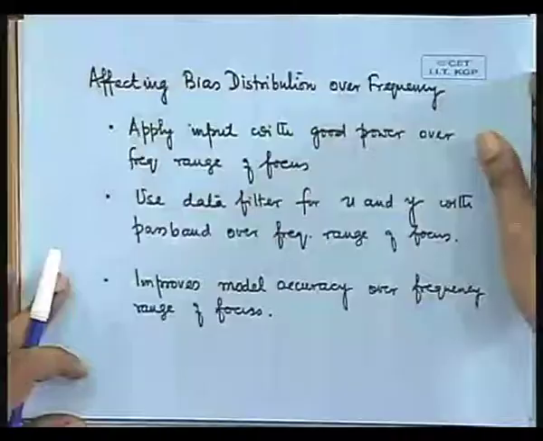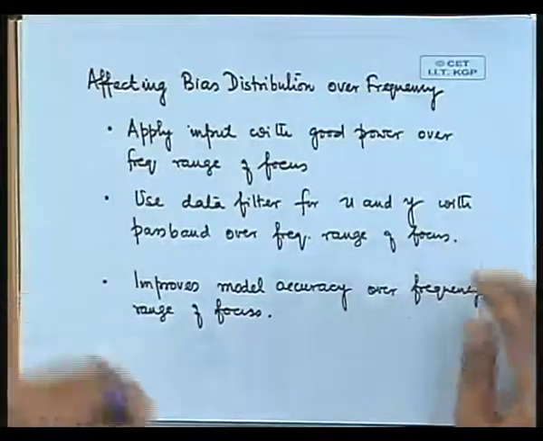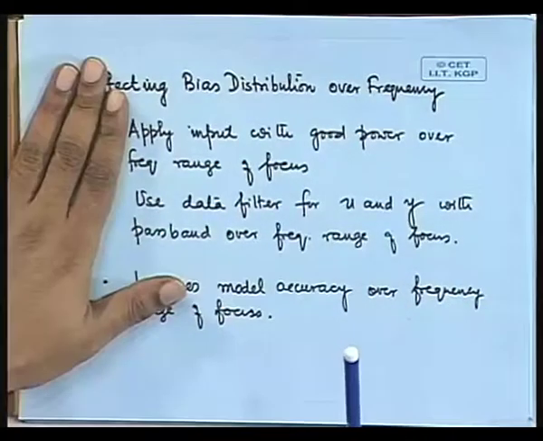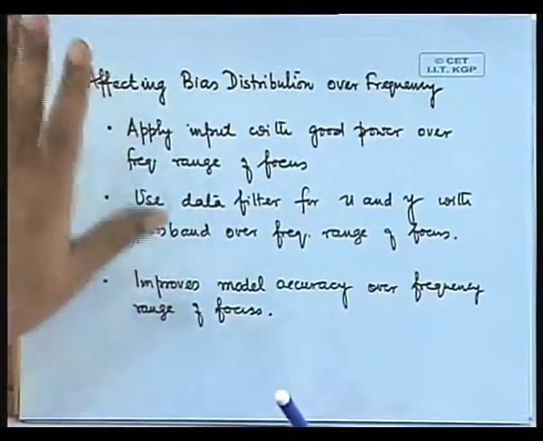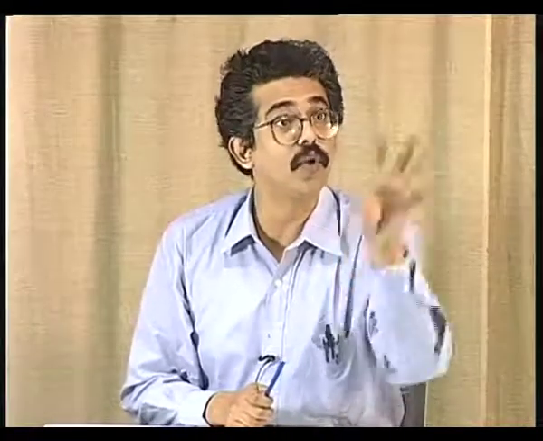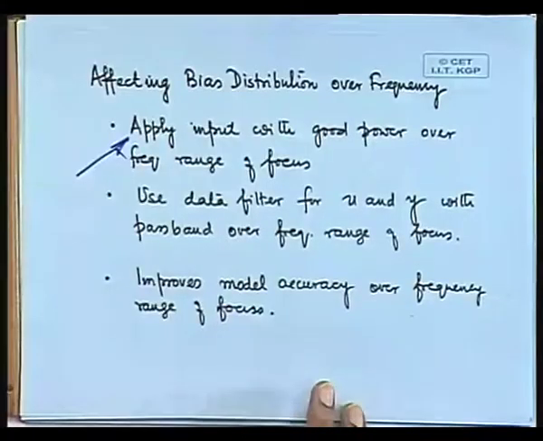Last thing is, maybe I should stop because there is somebody waiting here. There may be situations where you want to focus your estimator towards certain frequency bands. You want to know the low frequency properties very well, and don't care so much about high frequency properties. In such a case, you have to apply input which is rich in low frequency.